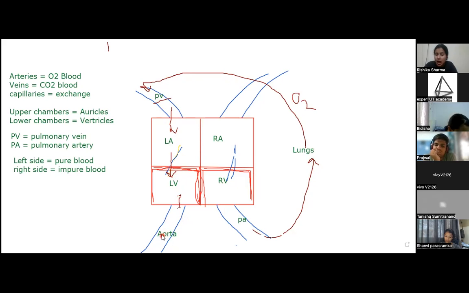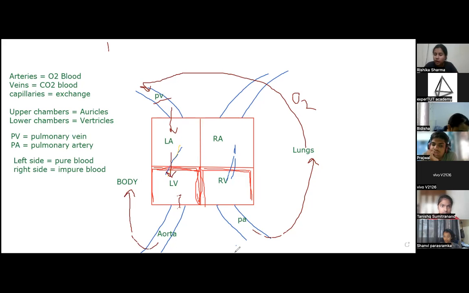ठीक है, अब वो aorta से कहां जाएगा? Aorta से आपका ब्लड जाता है बॉडी में. From the aorta your blood is going into the body.